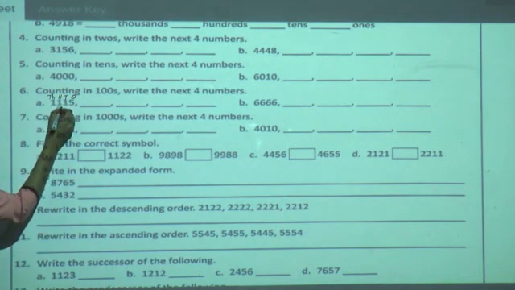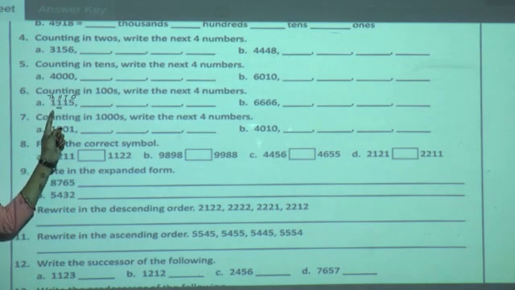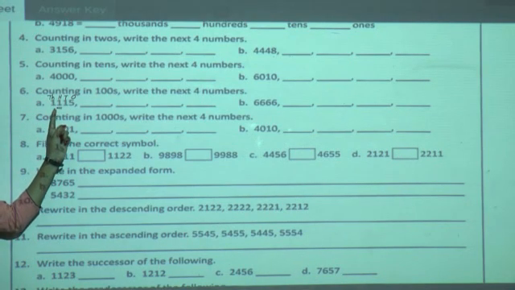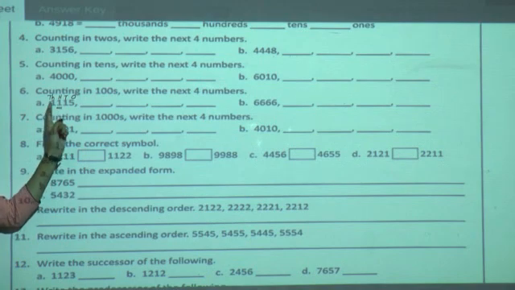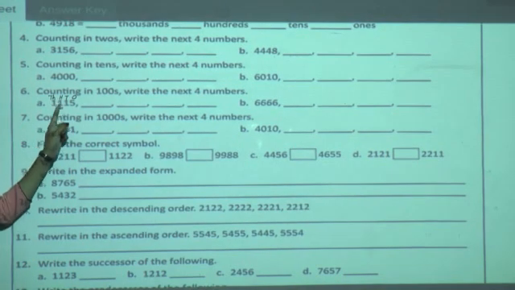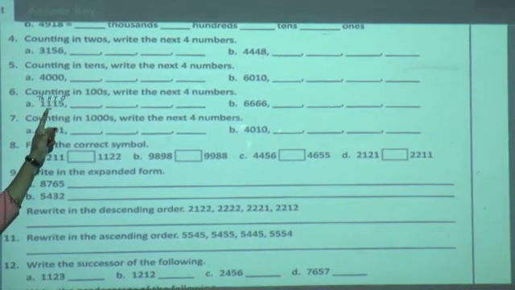Now see this hundreds place digit. Here at hundreds place 1 is there. So we have to add 100 in the given number, or else we have to add 1 in the hundreds place digit. Now here 1 is there, so 1115 plus 100, 1115. At 100 place 1 is there, add 1 plus 1, 2.